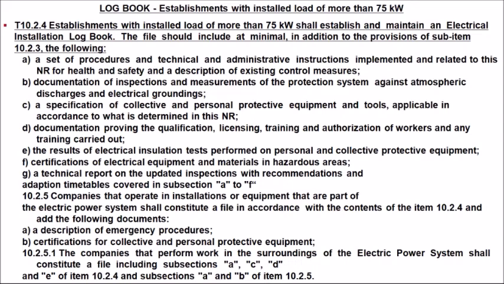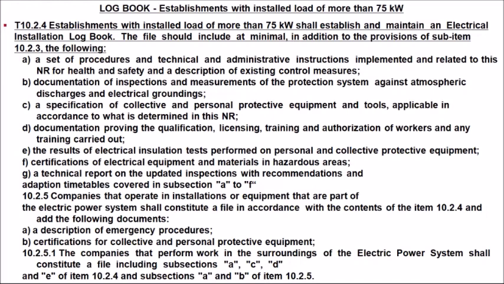The file should include at minimum, in addition to the provisions of sub-item 10.2.3, the following topics. Topic A, for example, is a set of procedures and technical and administrative instructions implemented and related to this NR for health and safety and the description of existing control measures.